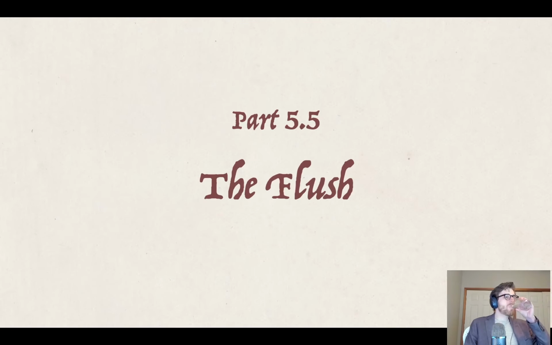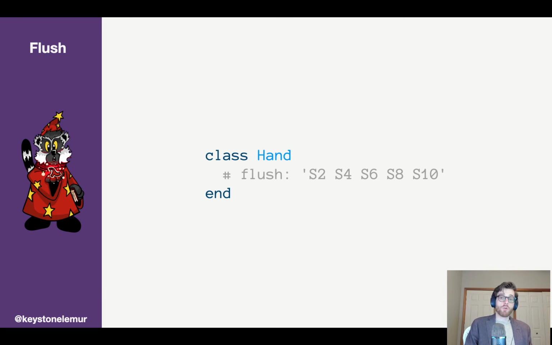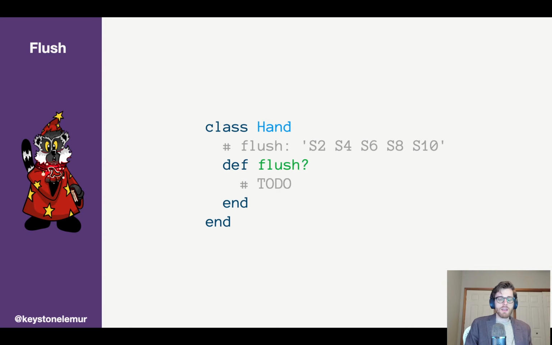Next, we have a flush, or all cards of the same suit. Back to our hand, we can have an example of a flush in which we have a 2, 4, 6, 8, and 10. So they are in order, but they're still not a straight. They are the same suit though, so we know we have a flush. Now we're going to want to start again by defining a flush method and matching against the cards.